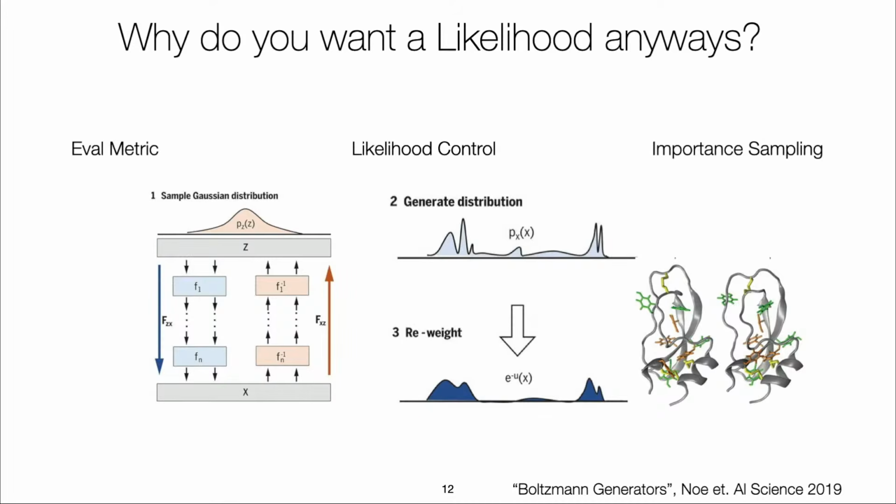This is a common paradigm in a lot of AI for science applications, where you have this energy function, you want to generate samples that follow that energy function, and the way you do this is importance sampling. But to do that, you need to have exact likelihood under your model. So likelihood gives you a lot of different things. So maybe we want to treat it as more of a first-class citizen.